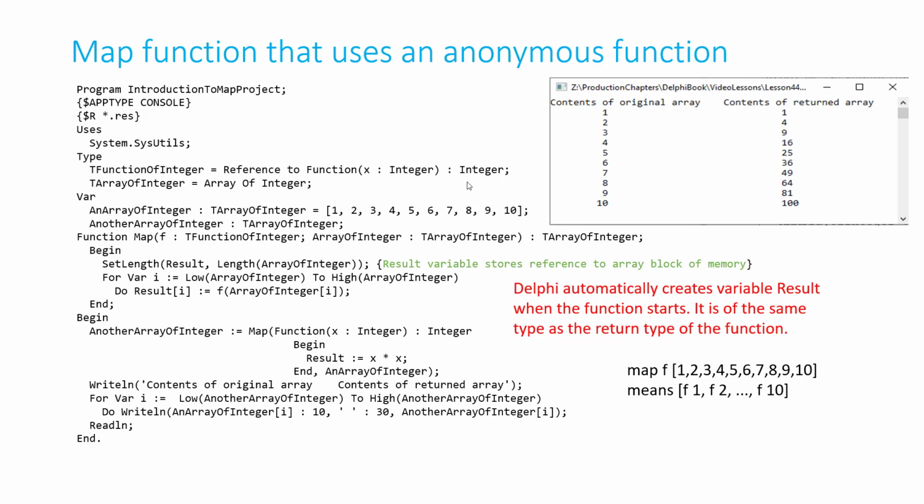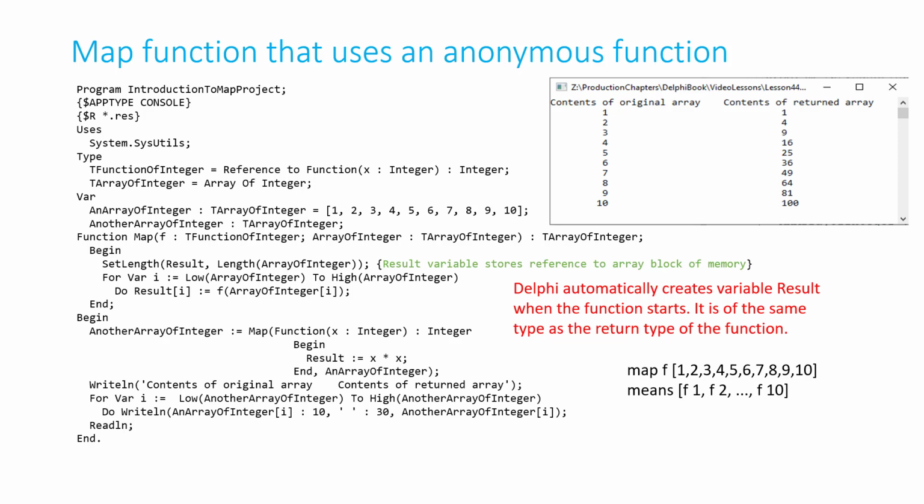Now this time we've defined a dynamic array type in a slightly different way from the previous lessons, where we used the T array generic built-in type. This time we're explicitly saying that we want an array of integer, but we're not at this stage ready to declare the size of this array.